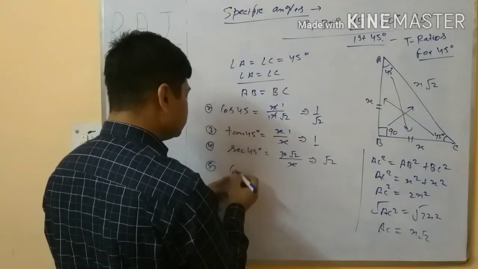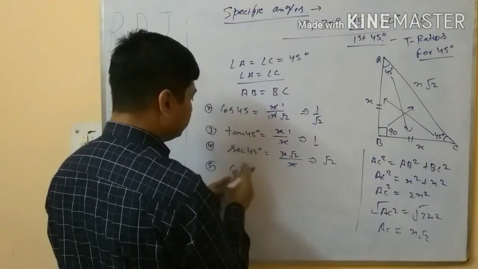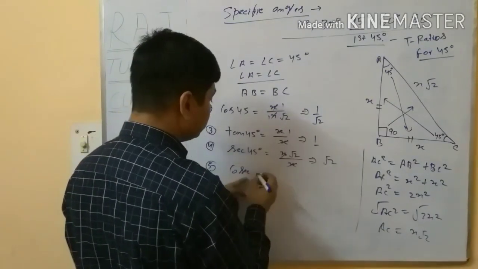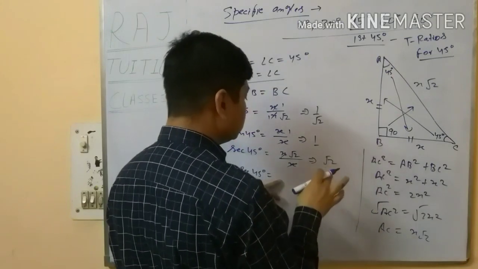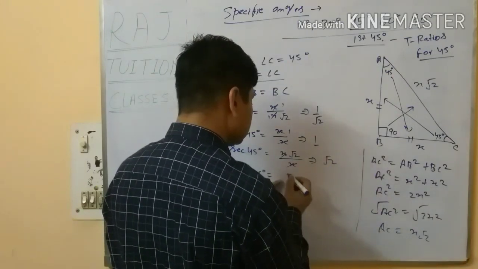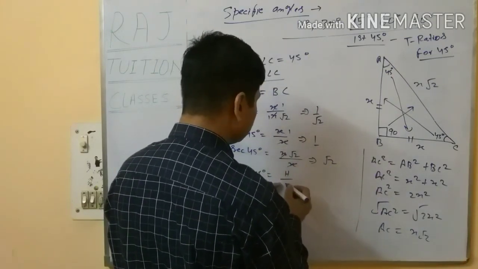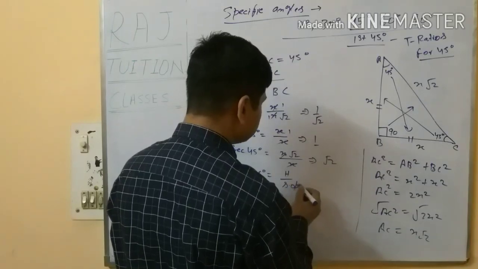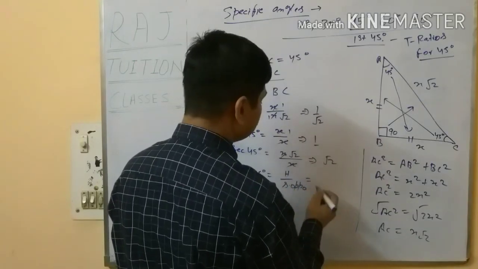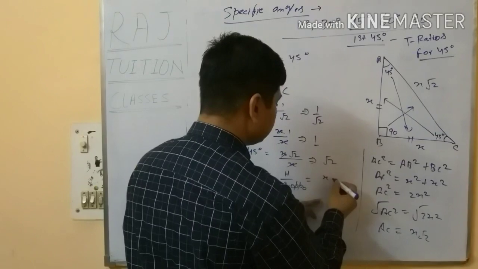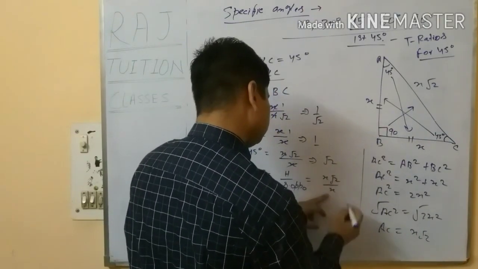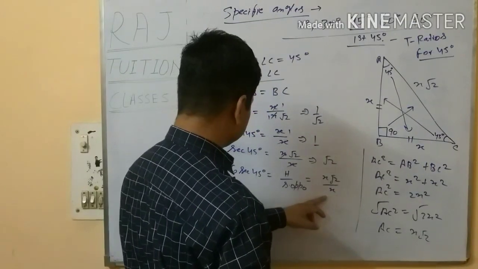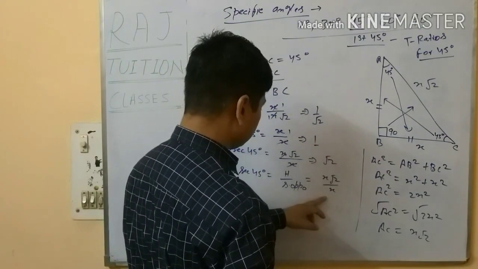Similarly, the fifth one is cosec 45 degree, and it is the reciprocal of sine. So hypotenuse upon side opposite. What is the hypotenuse here? x root 2 upon the side opposite, x.